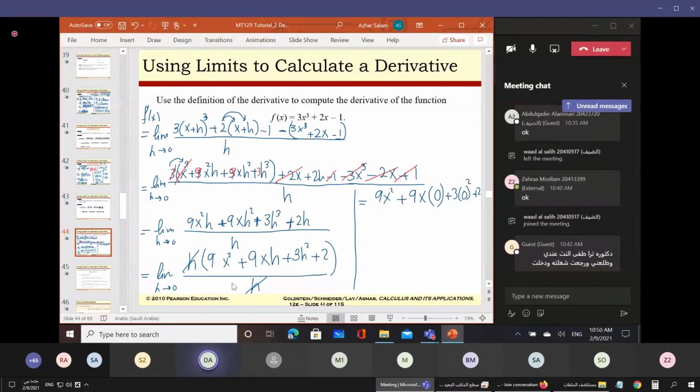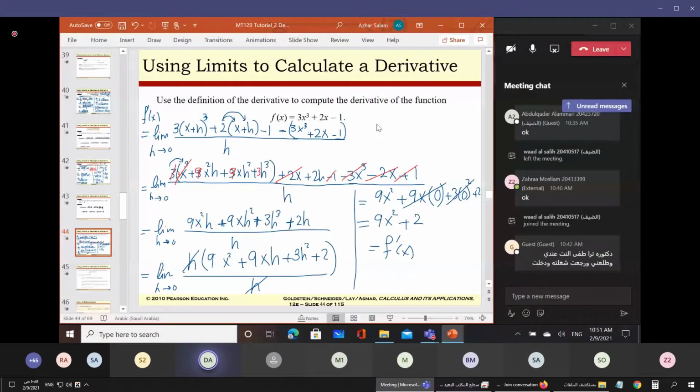There is no denominator here, I omitted it with h. This is multiplied by 0, will be deleted. Also, this is multiplied by 0, will be deleted. The only remaining result will be 9x squared plus 2. This is the final result, which is f dash of x.